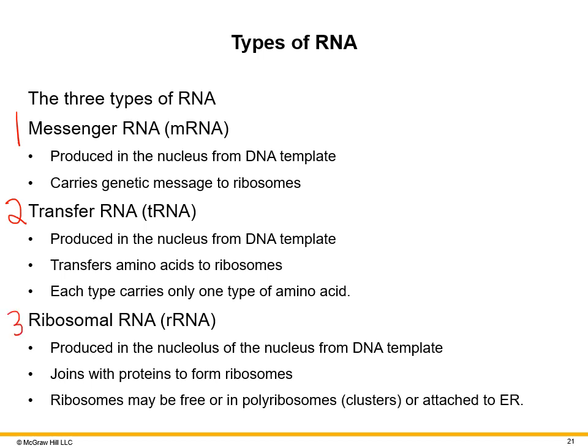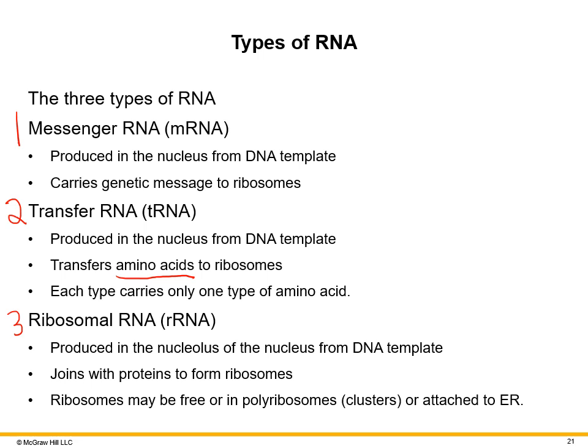Messenger RNA is important because it is going to carry the genetic message or information to the ribosomes to make a protein. Transfer RNA is important because it transfers amino acids to the ribosomes, and we remember that amino acids are the building blocks of proteins. Each type carries only one type of amino acid.